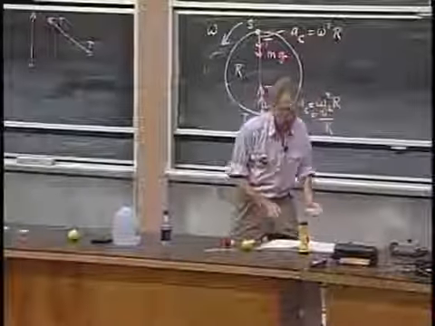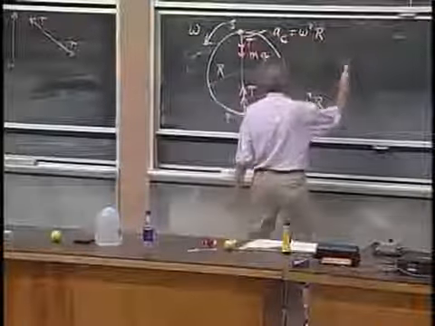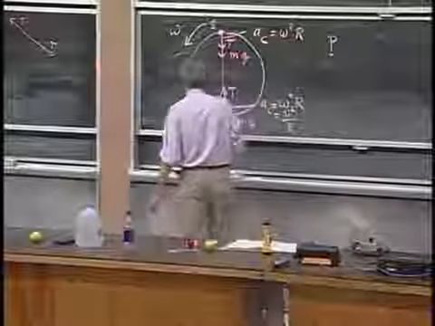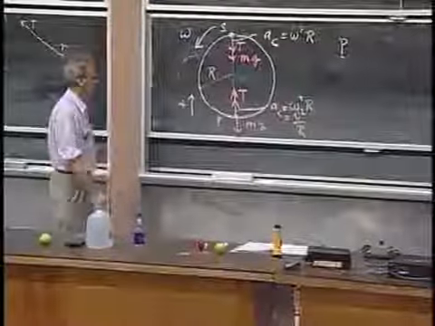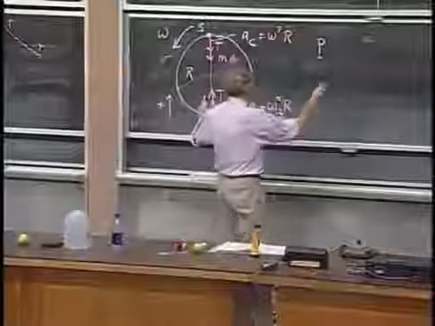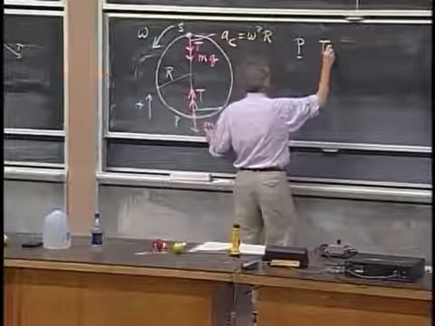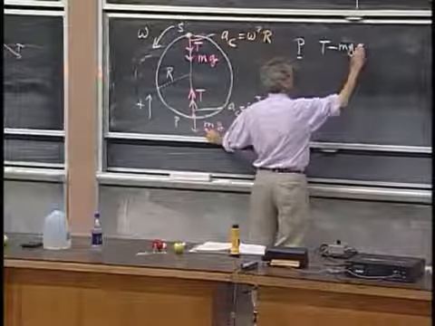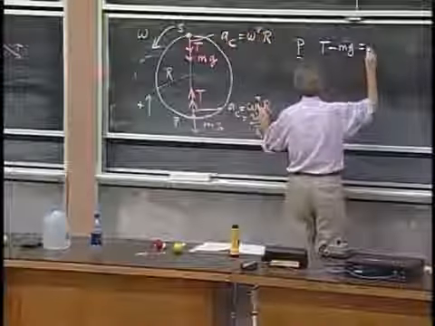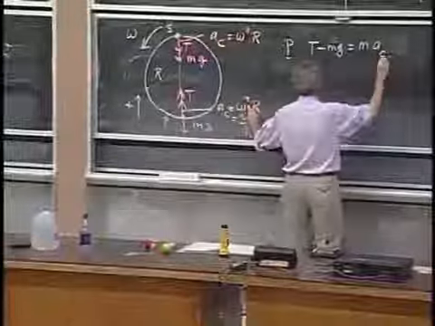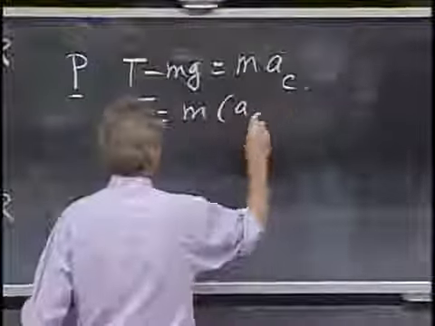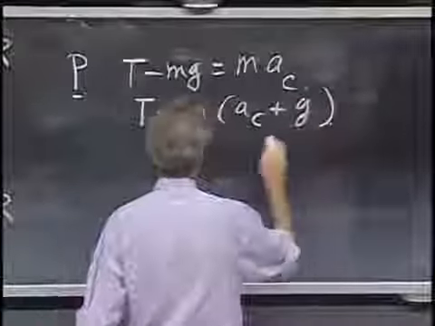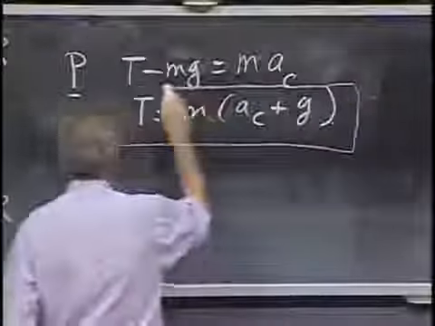Let's now evaluate first the situation at P. And I will call this plus, and I'll call this minus. So what I get now is that T minus mg must be m times the centripetal acceleration. So T must be m times the centripetal acceleration plus g. Hey, that looks very familiar.